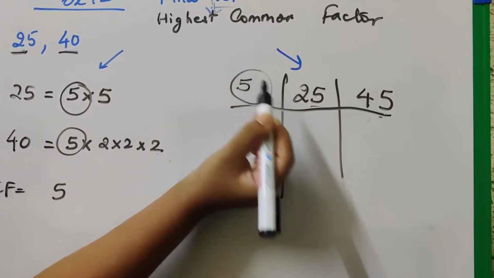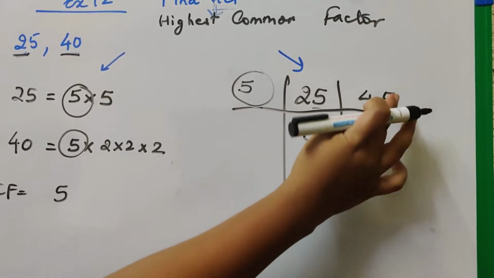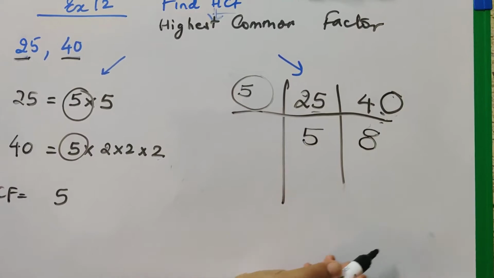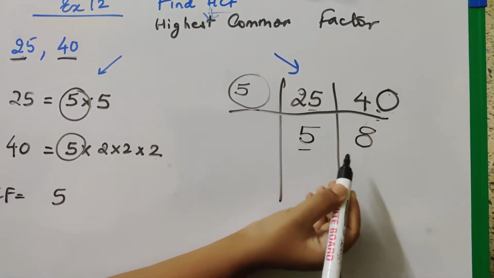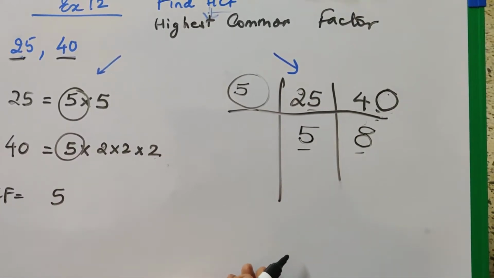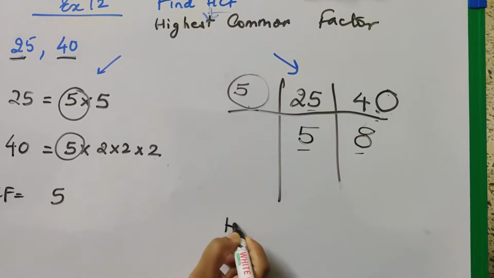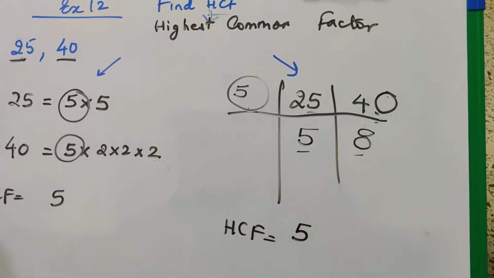So 5 5s are 25, and 5 8s are 40. Next, I know that there is no table that will help me divide both these numbers, so I will stop here. My HCF is the number on the left, that is 5.